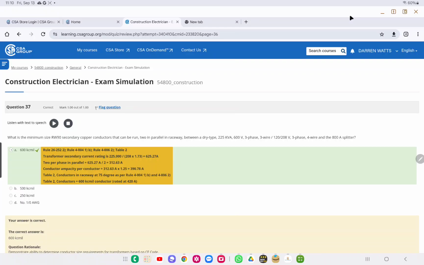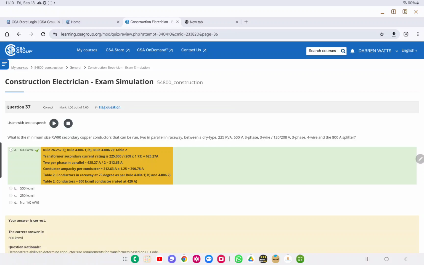First things first, we've got our 225 kVA. We're going to divide that by the 208 because it's the secondary, but it's also 3-phase, so we also have to do 208 times 1.732, and we get about 360 volts because it's 3-phase.